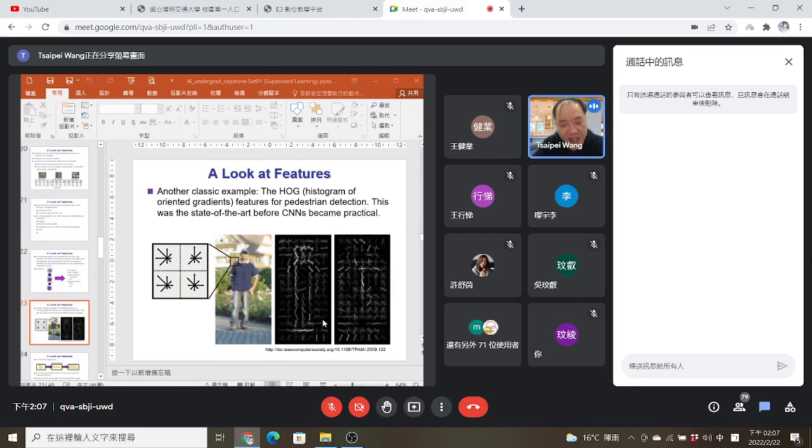It characterizes the distribution of directions of edges. Combined, they give a distribution like this that actually looks like a person. May or may not be a person, but it does look like a person. That's a set of features.